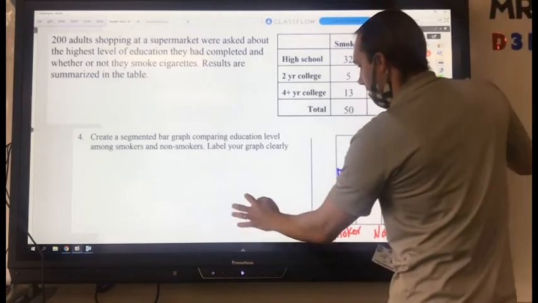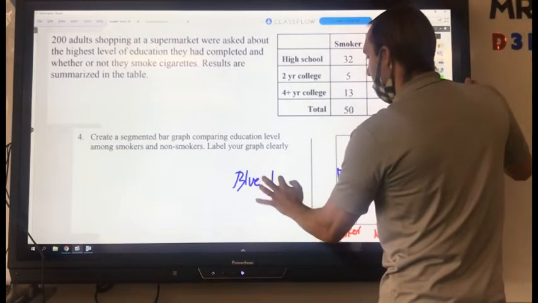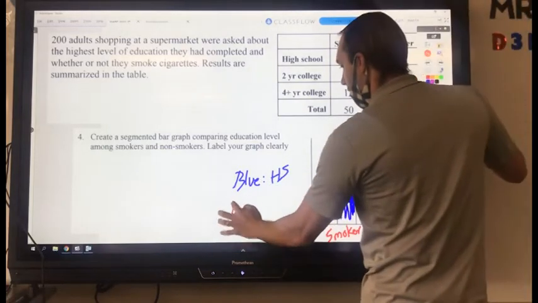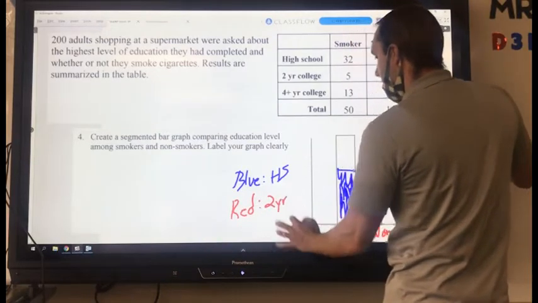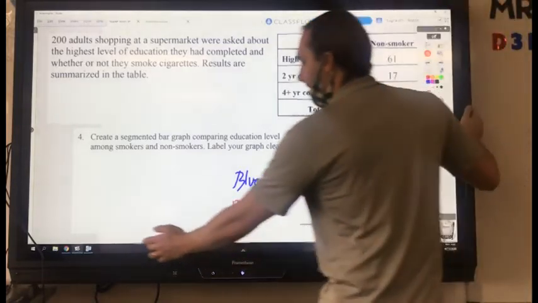So blue is my high school. Red will be my 2-year in college, which is, how do I find that percentage of the number 5? 5 over 50, very nice.